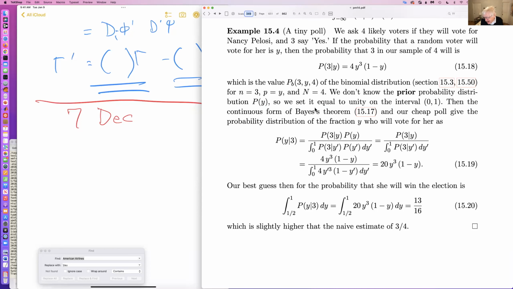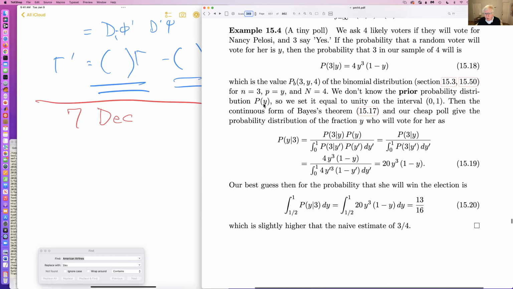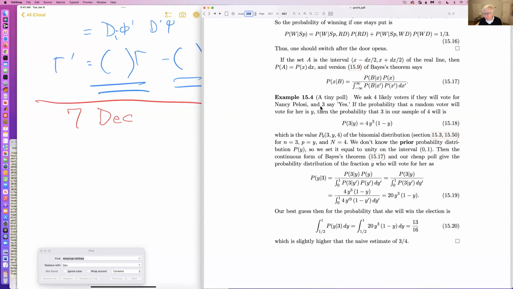And of course, really it is impossible, but we're talking about probabilities here, not exact results. So we do the best we can, and since we don't know what P of y is, we just set it equal to unity on the interval 0 to 1, which of course makes it normalized, which is what we want. So now we use the continuous form of Bayes' theorem, which was this.